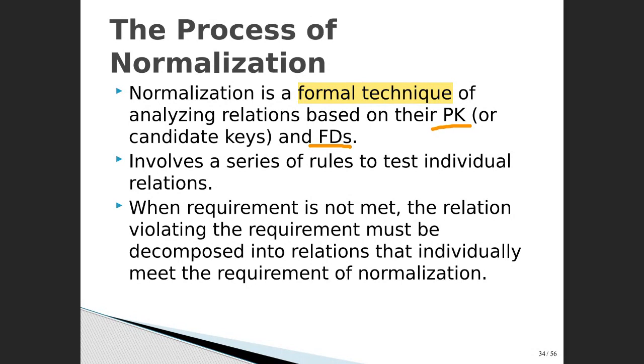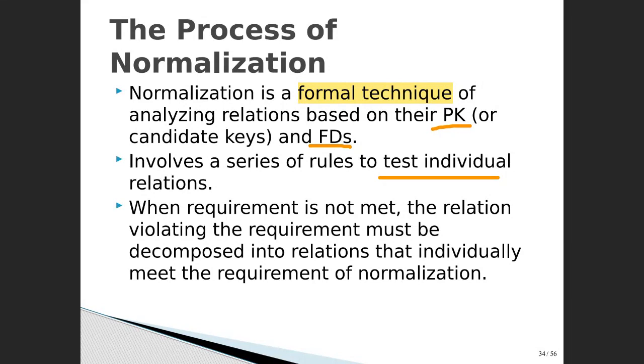Why do we say candidate keys? Because sometimes the primary key becomes a composite key in some relations. So based on the primary key and functional dependencies, which means the relationship between attributes, we can run a series of tests on the relations in order to reduce any repeating groups.